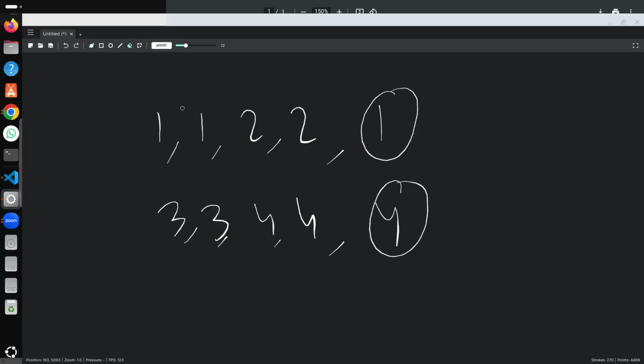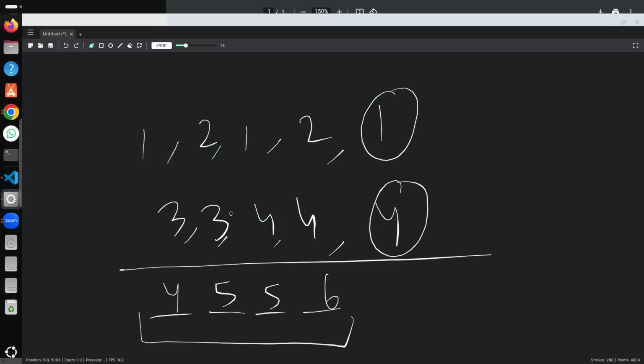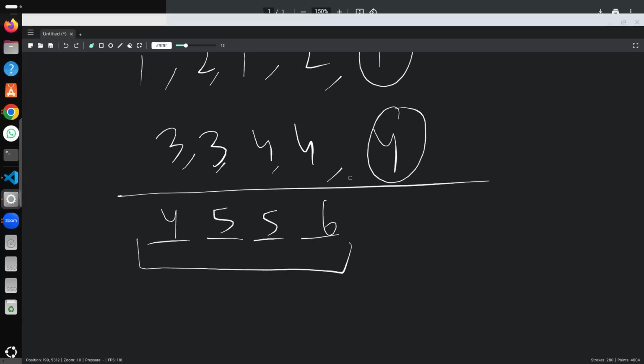If we do that and take the sum, then the four elements which will come here will contain three distinct elements. This will be 4, this will be 5, this will be 5, and this will be 6. So these four elements contain three distinct elements, and we don't care about the rest because we need at least three, right? So that's why the answer is yes, if both the arrays have at least two distinct elements.